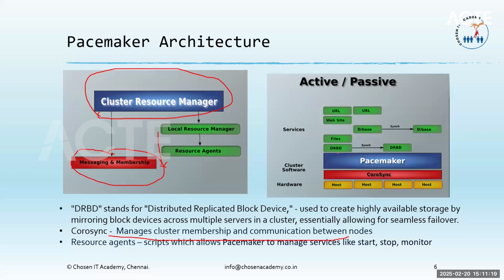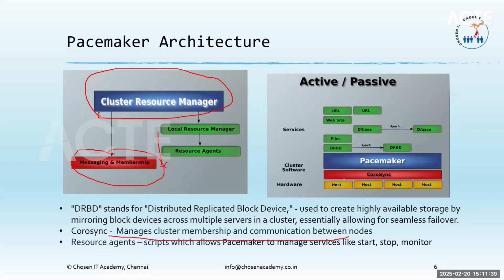On the right-hand side, I've picked this picture to show another view of the Pacemaker architecture. At the bottom we have the hardware, which is the nodes; there are 4 hosts shown here.